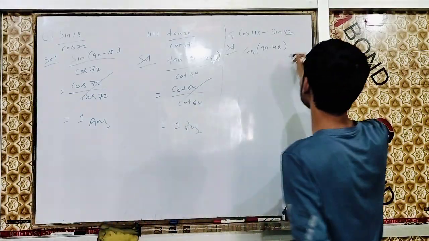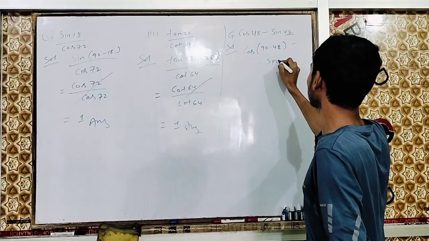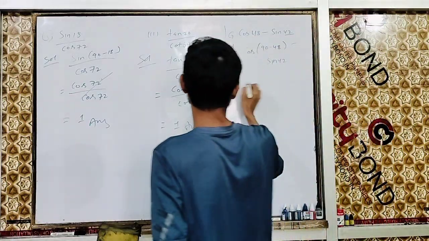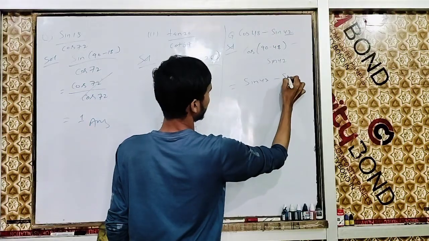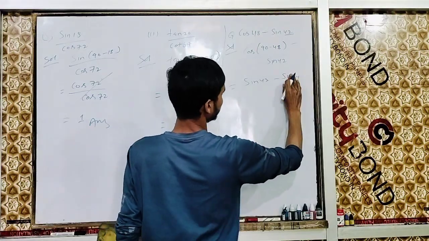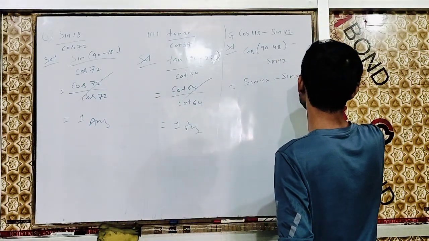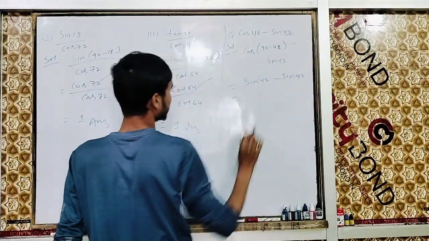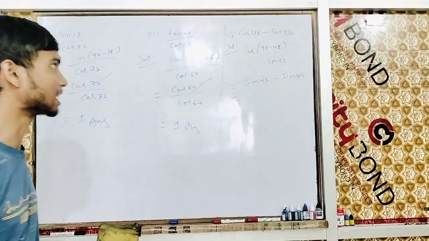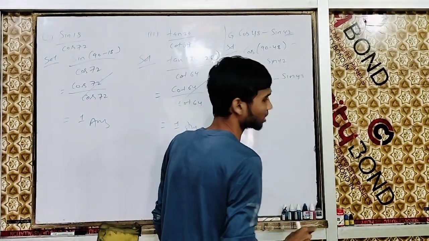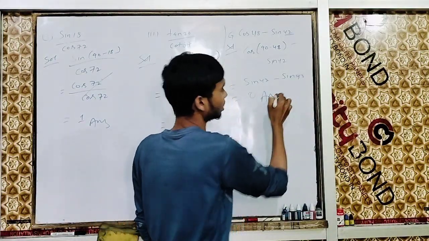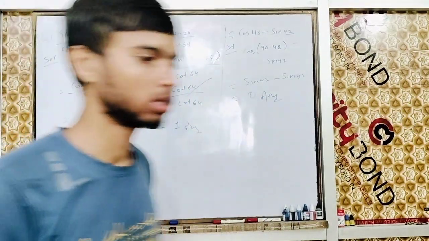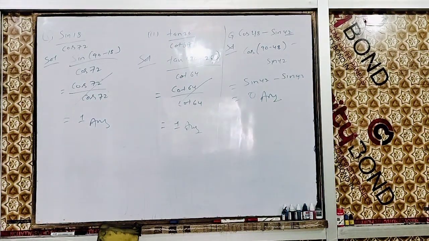Minus sine 42, and here it is becoming sine 42 minus sine 42. So this minus this, it is a difference, and so it is becoming 0. That is how you will solve.